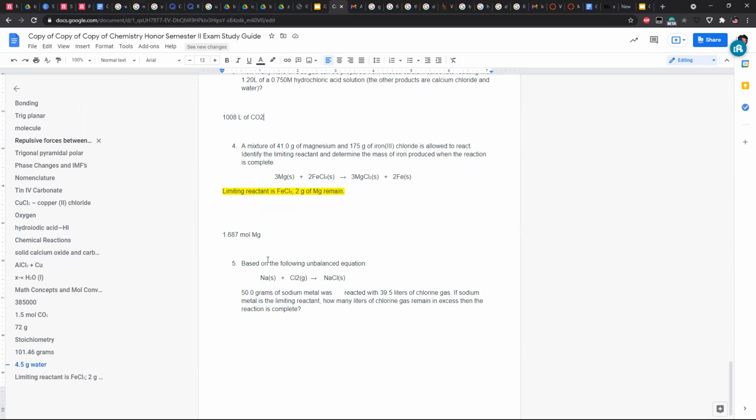And I don't remember if it's balanced. So we have 6 chlorines and 6 chlorines, 3 magnesiums, 2 irons, and 2 irons. Yeah, cool. We are balanced. So we have 41 grams of magnesium.